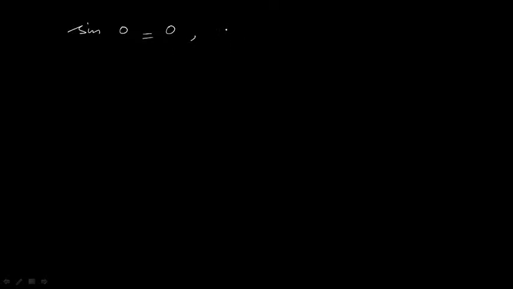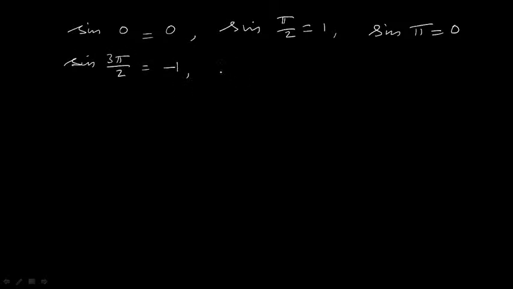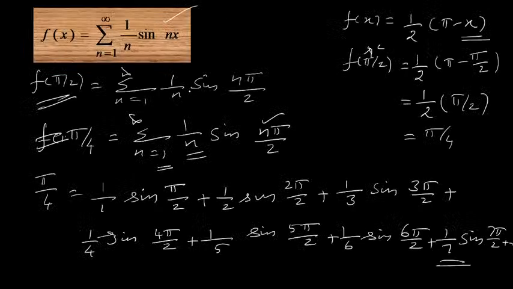Then sine pi by 2 is 1, and sine pi is 0, and sine 3 pi by 2, that is 270 degrees, is minus 1, and sine 360 degrees or sine 0, both are 0. So these are all the values we have studied already. We just replace the concerned value in the function.